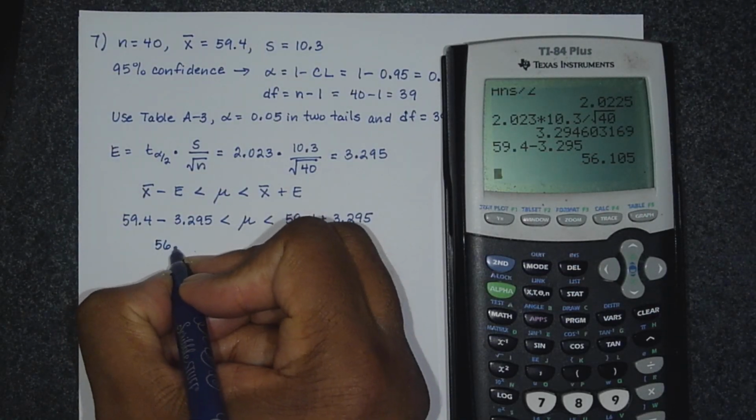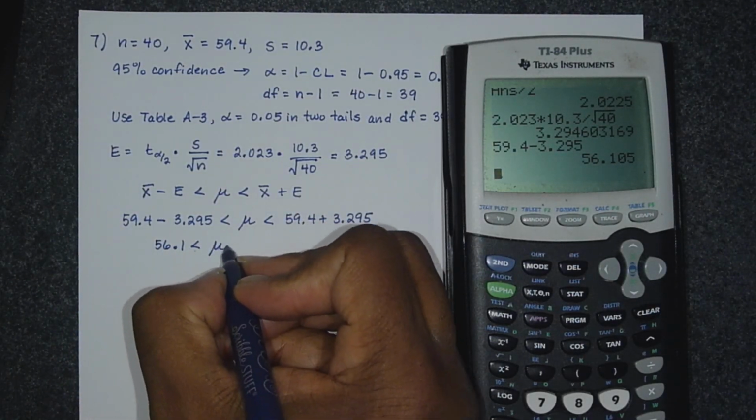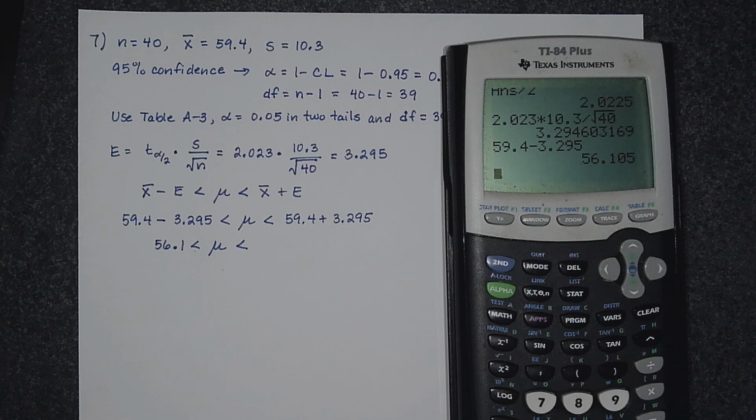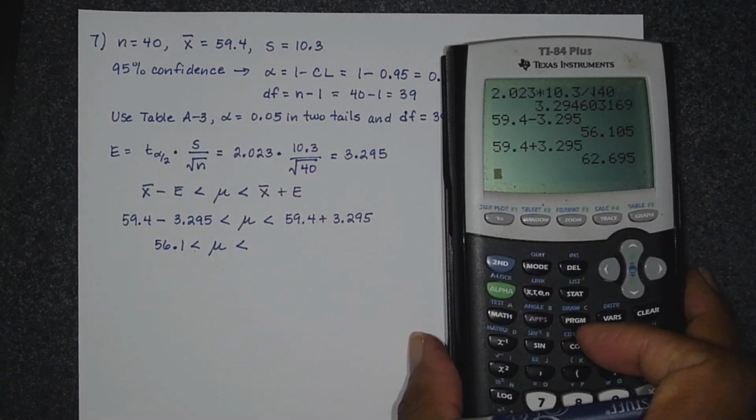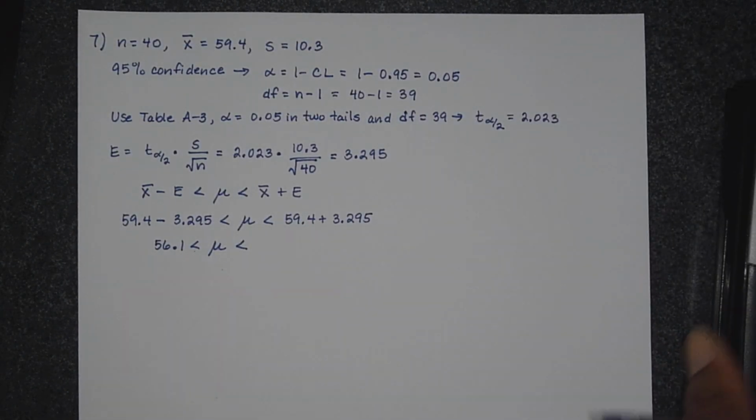And that's less than mu and less than. I'm going to do second and enter, change this to a plus. That way I won't have to type that over again. To 1 decimal place, that would be 62.7.